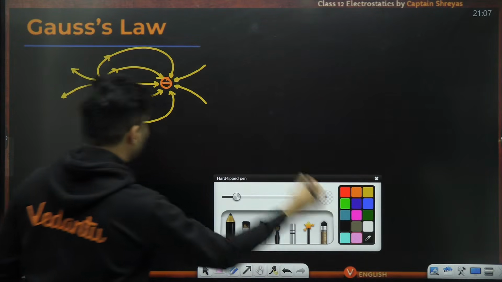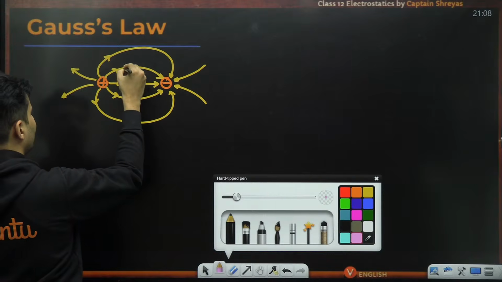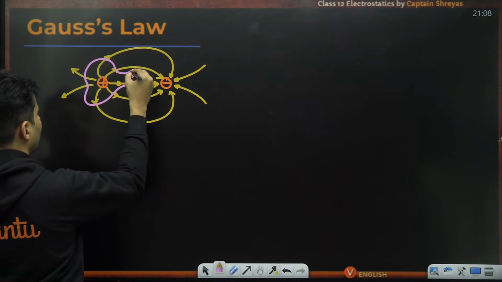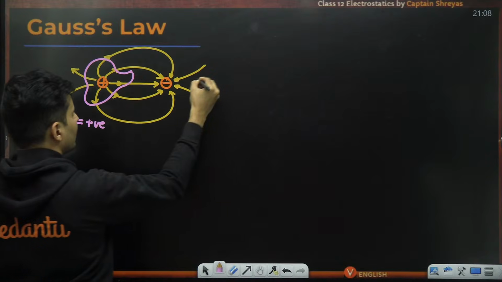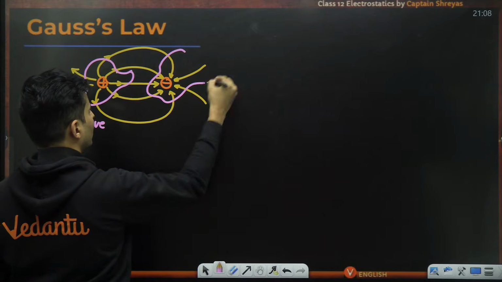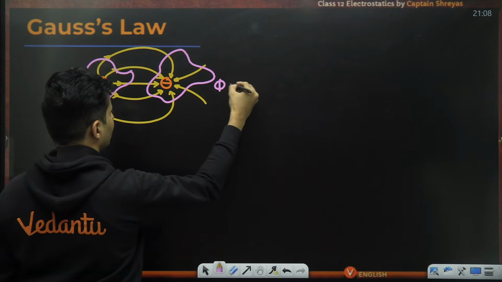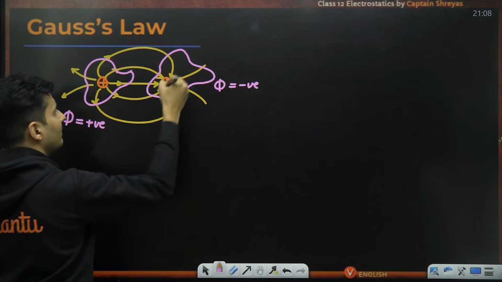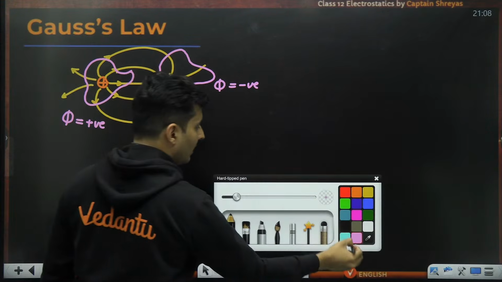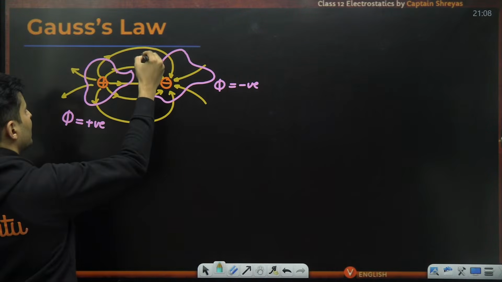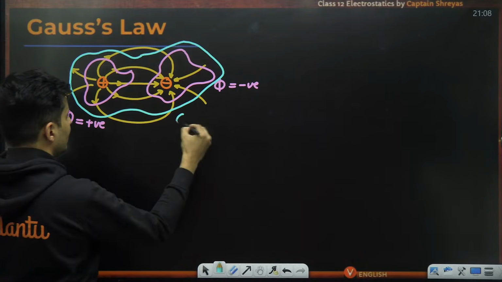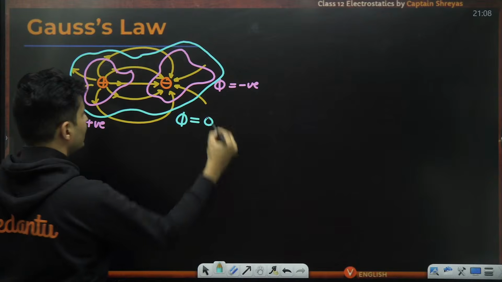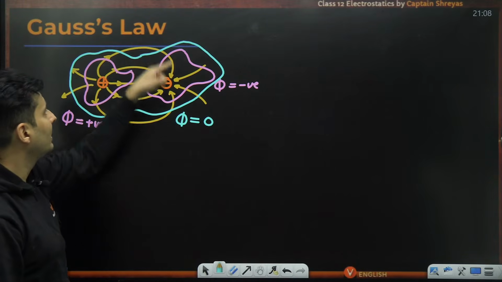Now imagine somebody chooses a surface over here, doesn't matter. This flux will be 100% positive. If somebody chooses this particular surface over here, 100% this flux will be negative, because you can see the field lines going inside over here. If somebody decides to choose a big surface like this, well, that flux will 100% be zero, because whatever goes out will come in.